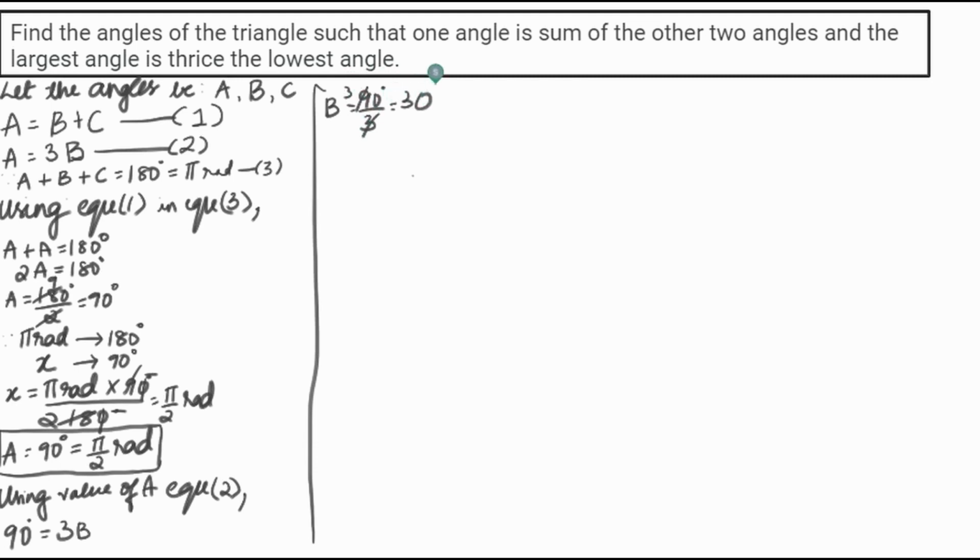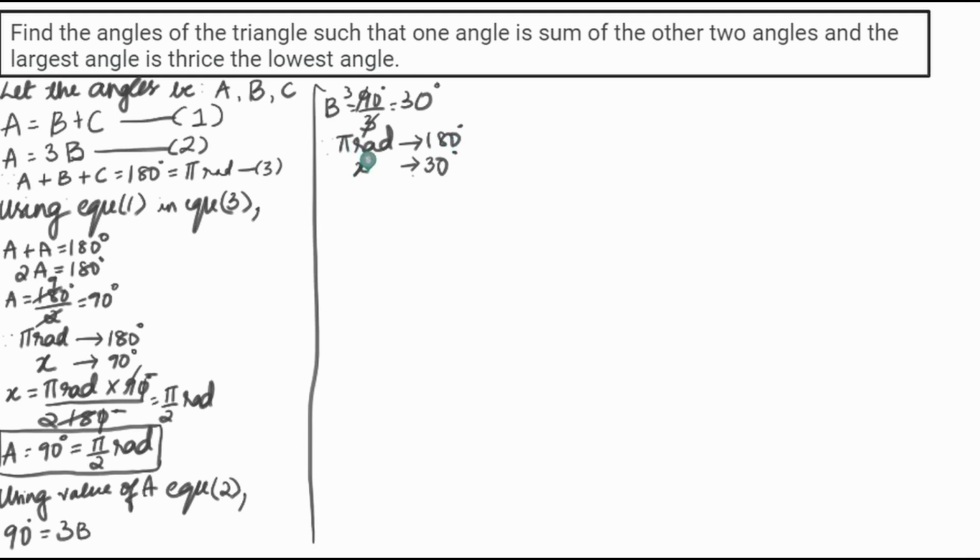In terms of radians, we can use the same technique. Pi radians is equal to 180 degrees, and therefore 30 degrees in radians is how much? Let this be x.